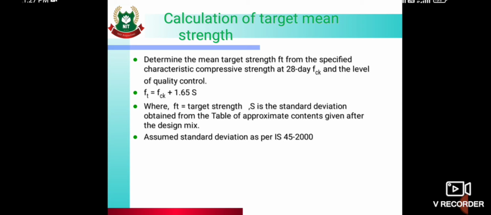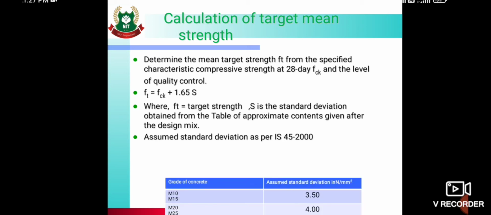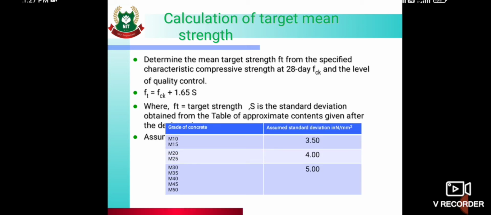We have to assume the standard deviation as per IS 456-2000. In this table we can see the grade of concrete and the assumed standard deviation in Newton per mm square. Whatever grade of concrete we are designing the mix for, accordingly we have to select the value of standard deviation.